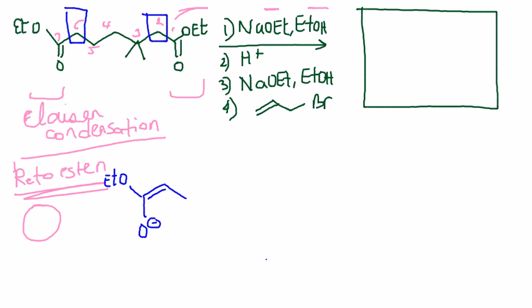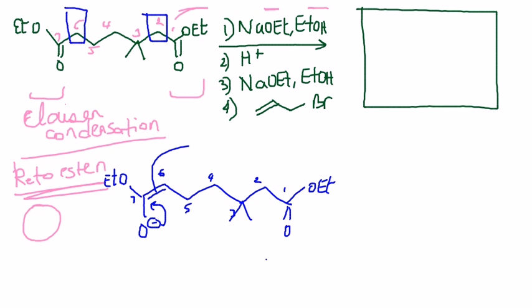So your structure will look like this: this is 5, 6, 7, this is 4, 3 has the two methyls, 2, and then OEt. And now it's time to push some arrows in getting the ring.